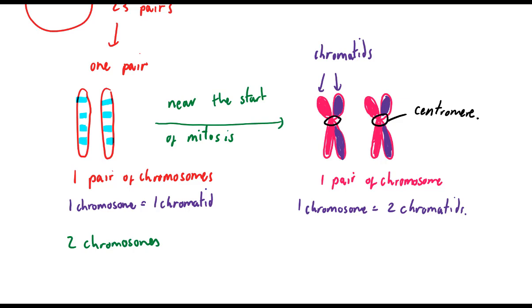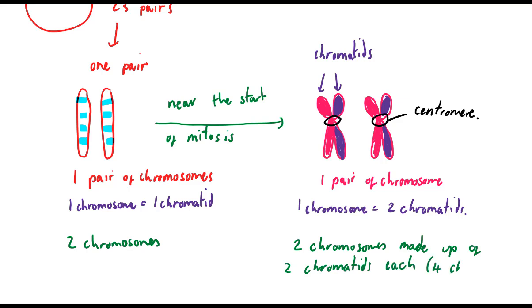At this side, we have got 2 chromosomes made up of 2 chromatids each. So altogether, we have 4 chromatids.